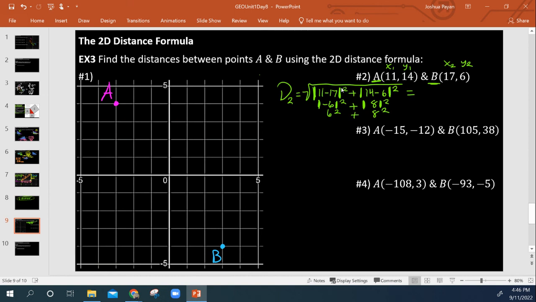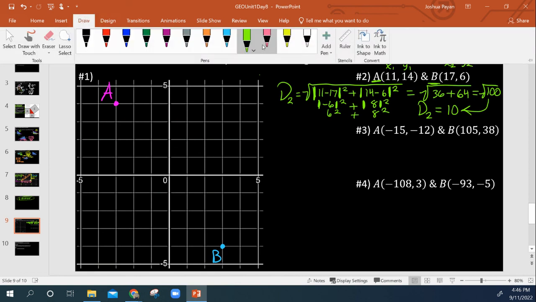So now we've got 6 squared is 36, plus 8 squared, which is 64. These numbers look familiar, don't they? Which is equal to the square root of 100. And of course, we know our distance in 2 dimensions is going to be equal to 10 again. Okay, so that was a cool coincidence, I guess.